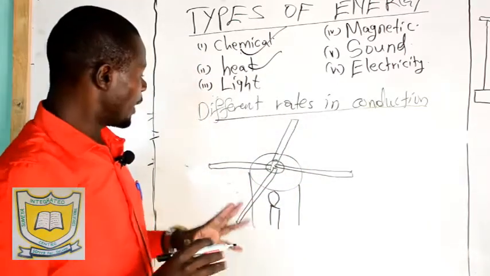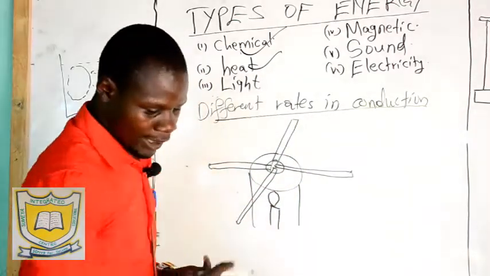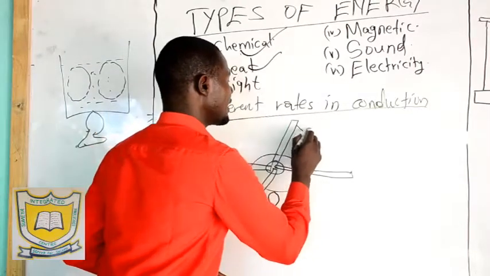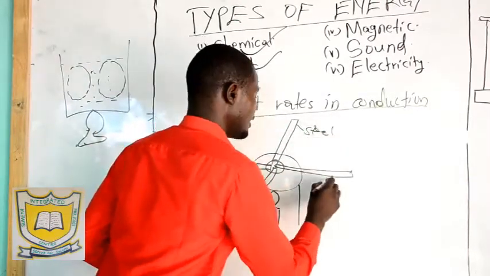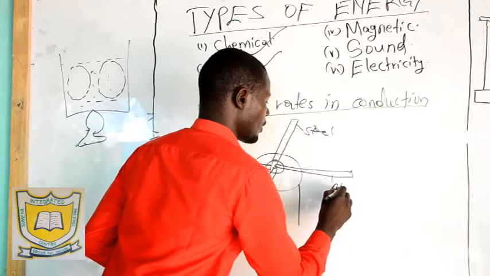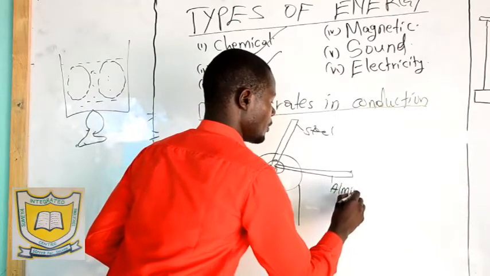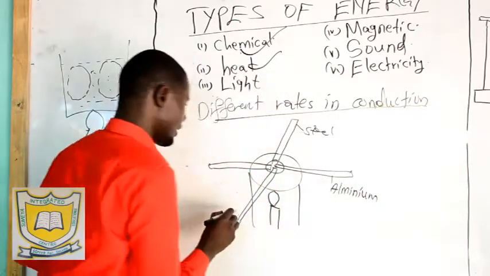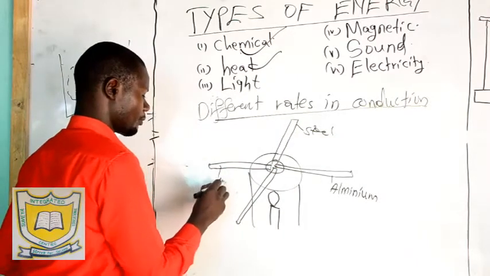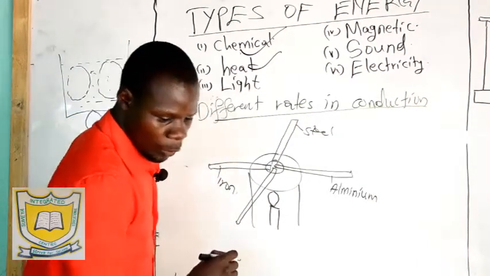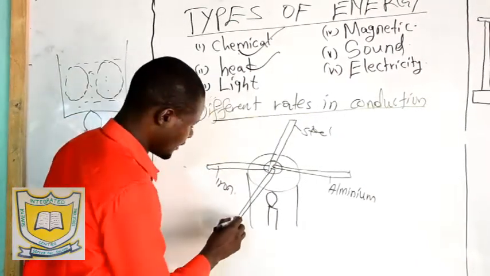This one we want to know which rate. We can take, for example, this metal is steel, this one is aluminium, this one is iron, and this one is copper.